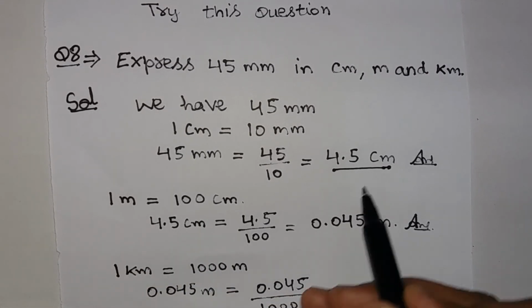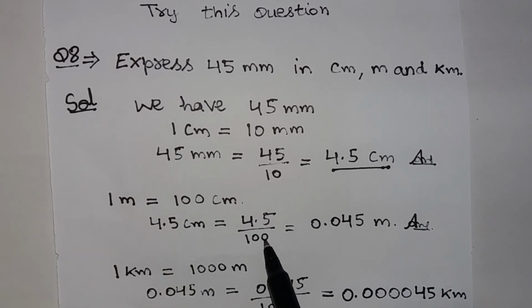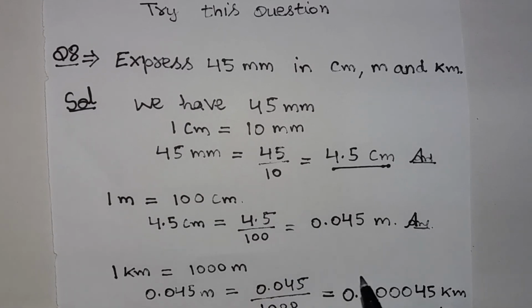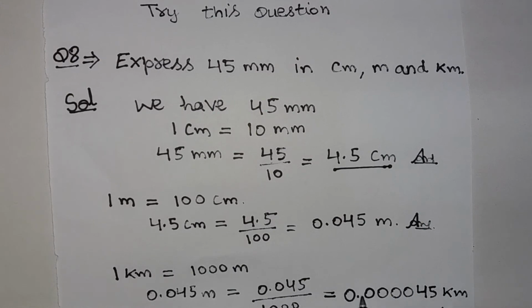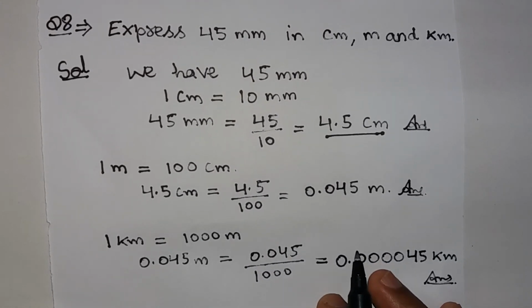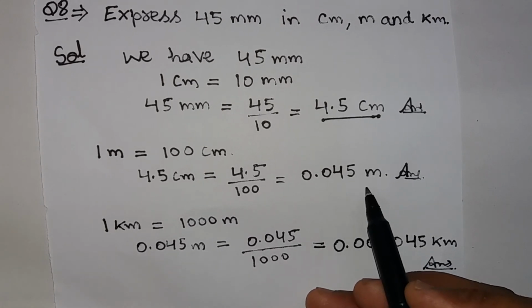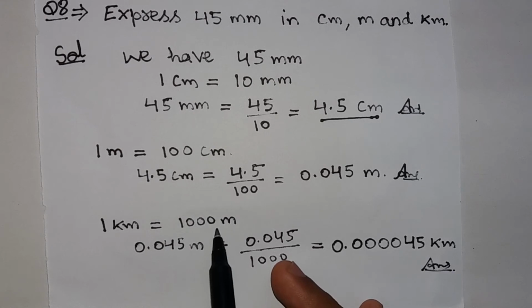So 4.5 centimeter equals 4.5 upon 100. When we divide 4.5 by 100, it will be 0.045 meter. After this we have to convert it into kilometer also. For converting 0.045 meter into kilometer, we know 1 kilometer equals 1000 meter.